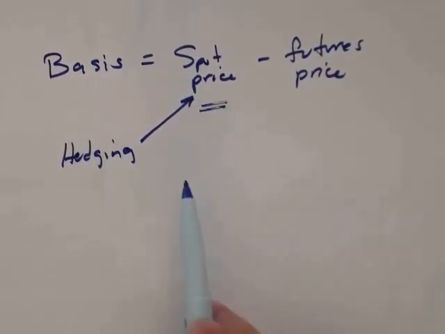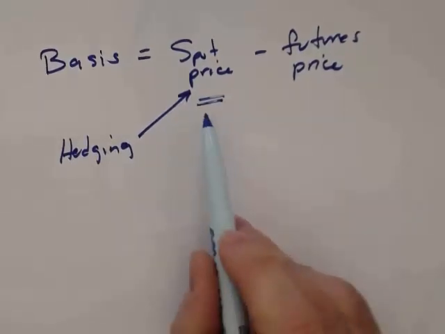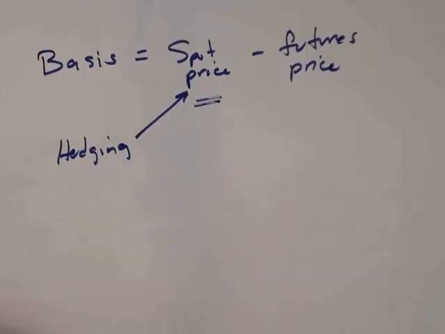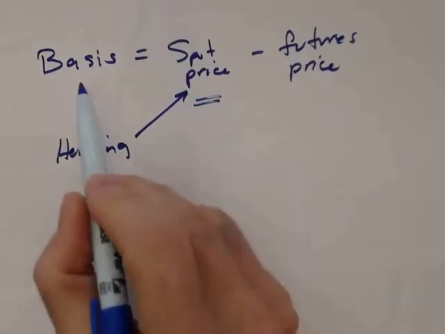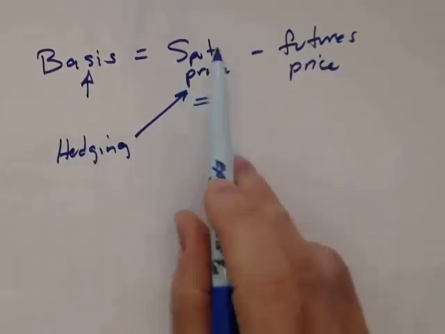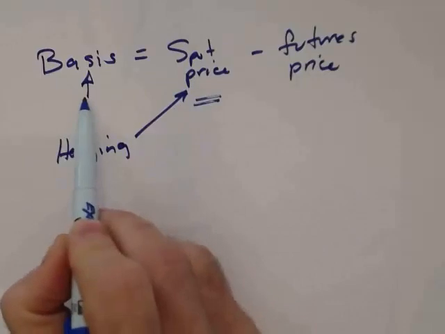We want to offset that spot price risk that we have. Now, it turns out that if we put on a hedge and we lift the hedge before the futures contracts expire, we end up taking what's called basis risk, meaning that we've gotten rid of spot risk and taken on basis risk.